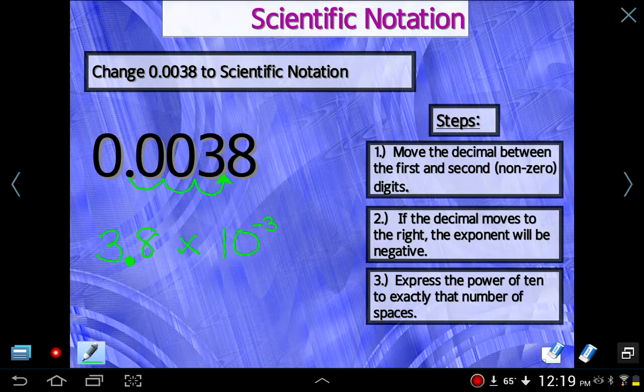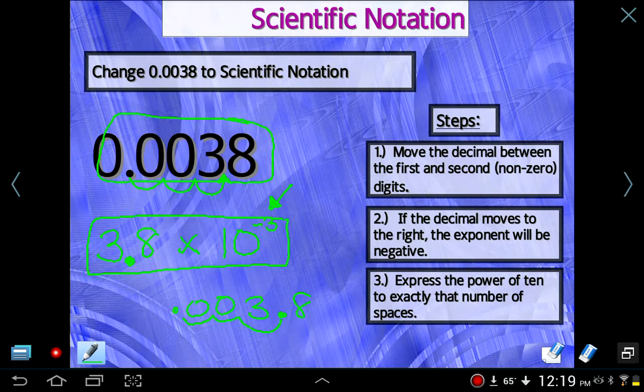So there's the answer. Now it's negative 3 because if we were to try to move it back, we would move it to the left, 1, 2, 3. So we would get smaller. So that's why it's negative 3. The hardest part about scientific notation is figuring out whether it's a positive exponent or a negative exponent. Just think, if it's going to be smaller, like a small decimal, it's going to be negative.